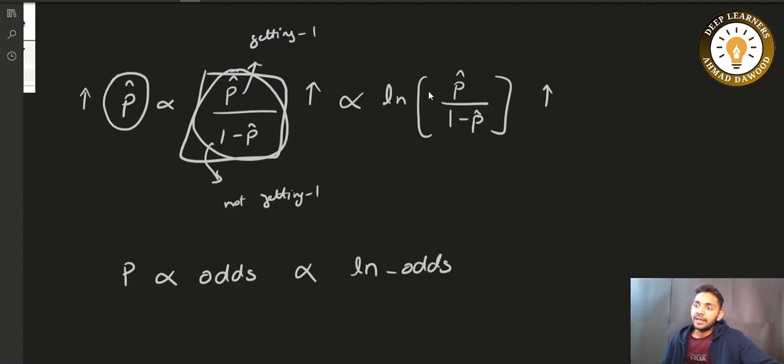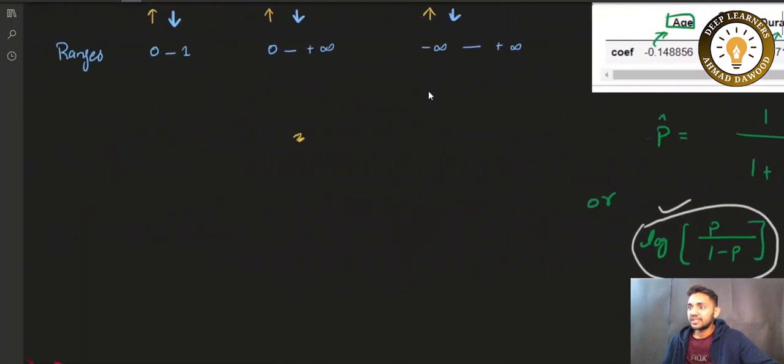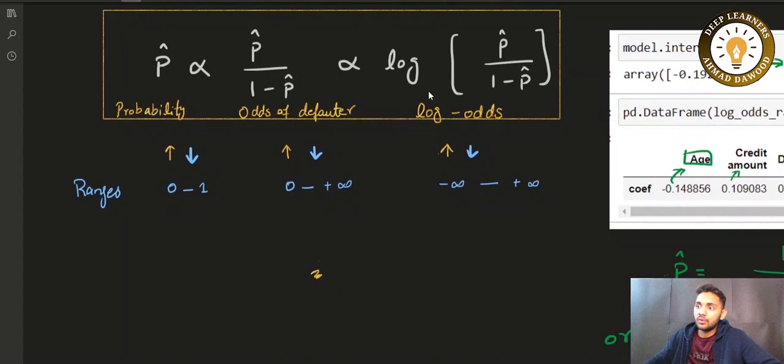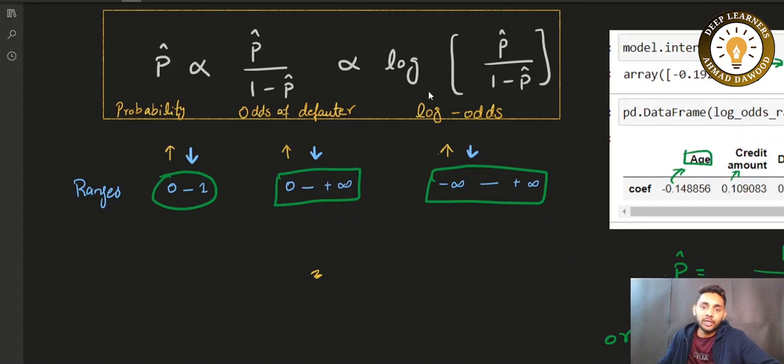If probability increases, odds will also increase, and if odds increase, log of odds will also increase. In the same way, if probability decreases, odds decrease, and if odds decrease, log of odds also decrease. Probability has a range between 0 and 1, odds have a range between 0 and positive infinity, and log of odds has a range between minus infinity and positive infinity, but they are directly proportional.